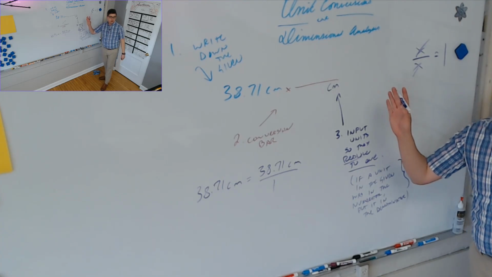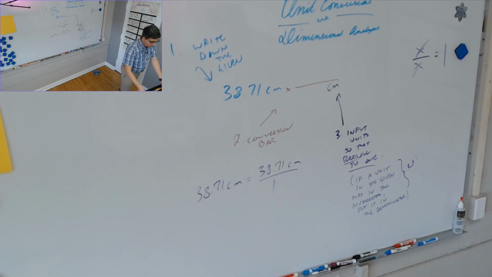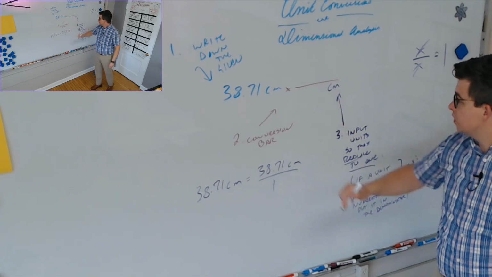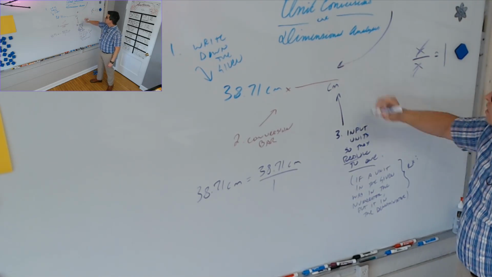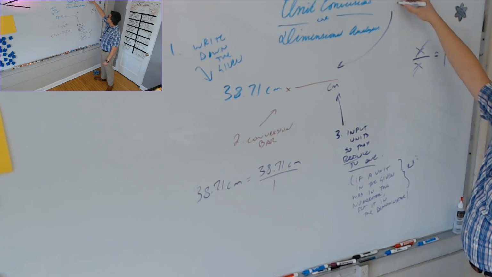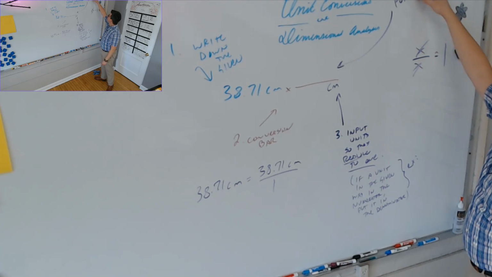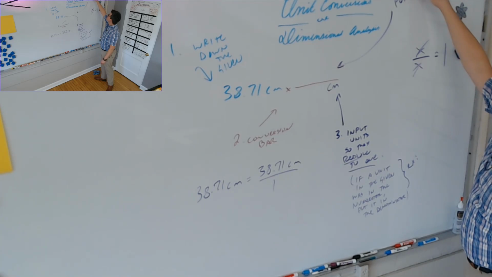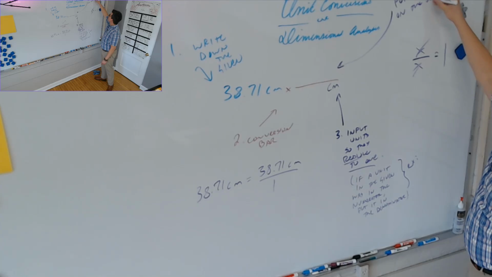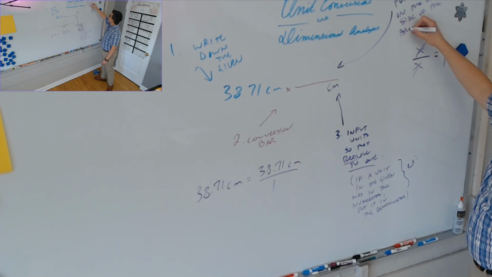Let's say I want to find out how long this keyboard is in inches, okay? So it was measured in centimeters, but I want to convert it to inches. So now I put, and this is still part of step 3, desired unit. Put desired unit on the same side of the bar as you want it.